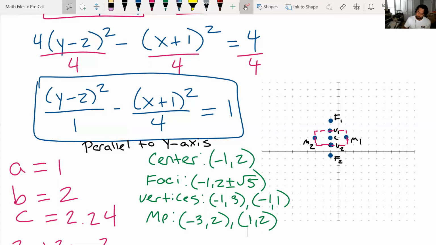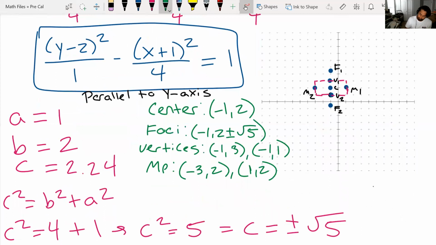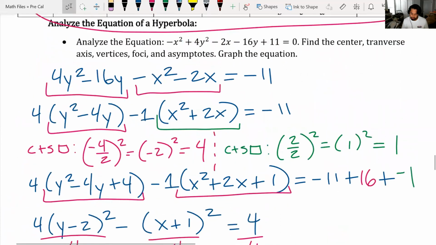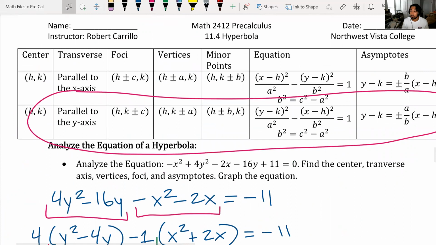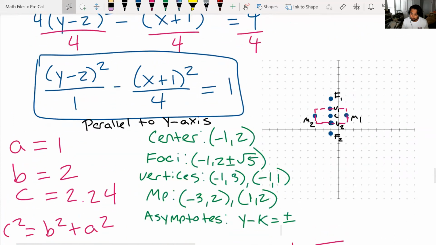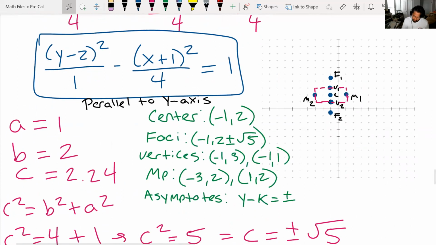All right. Last part is the asymptotes. Okay, and this is going to be y minus k equal to plus or minus, and from the above, it is a over b this time. So a over b times x minus h.